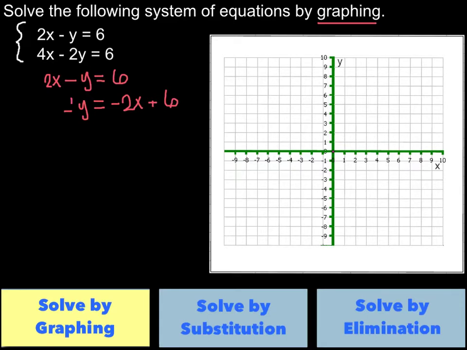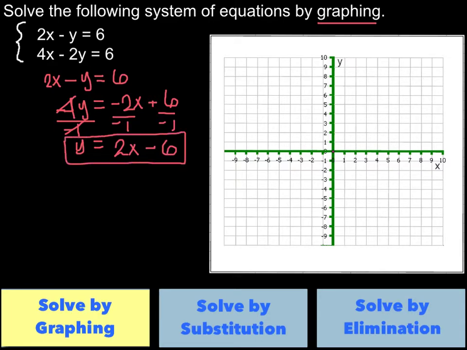It's still got that negative 1 there next to it, because that negative is actually what the problem is. So I divide everything by negative 1, so that now that negative is gone, and I have y equals negative 2 over negative 1 is positive 2x, and then that's a minus 6. So there's line number 1.